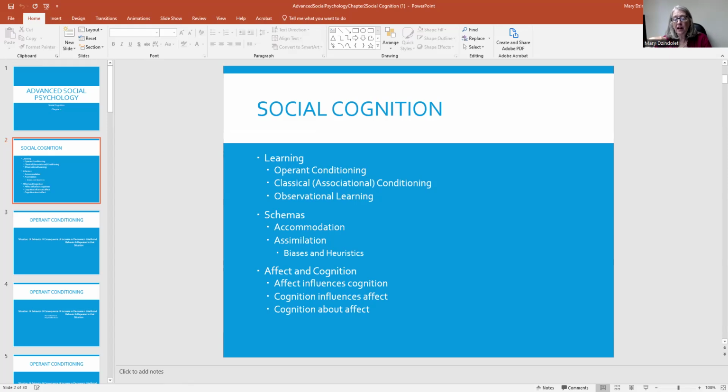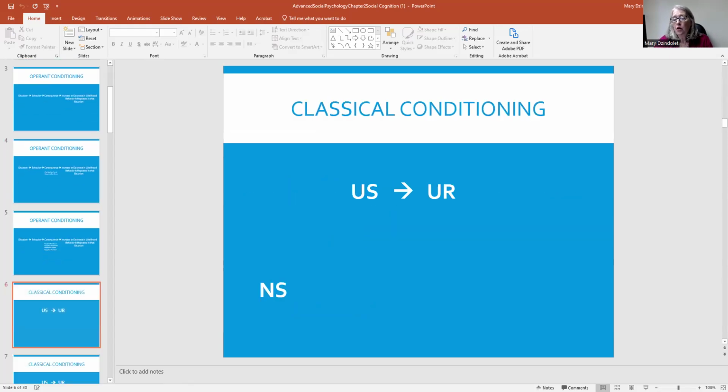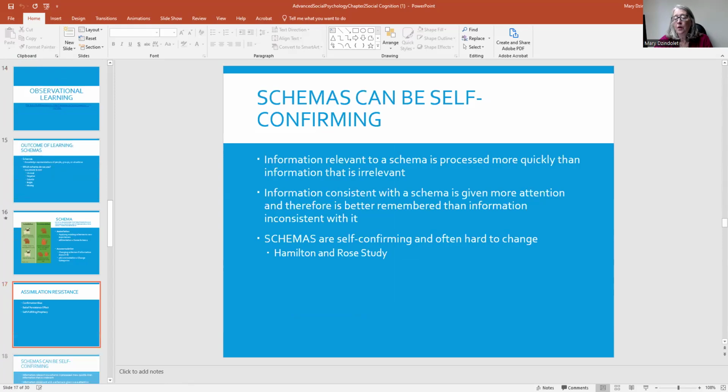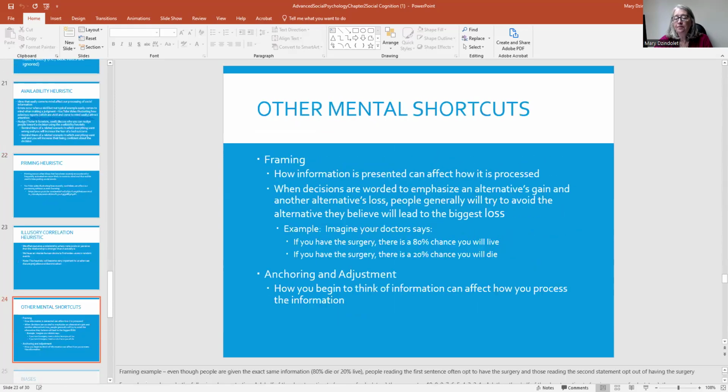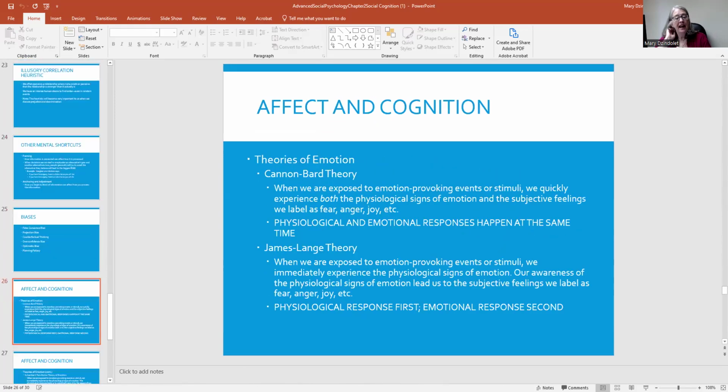I'm going to go to where we are in the PowerPoint presentation. Here we are: affect and cognition. We're going to talk about how our feelings affect our cognition, how our cognition affects our feelings, and how we think about our feelings, our cognitions about affect.